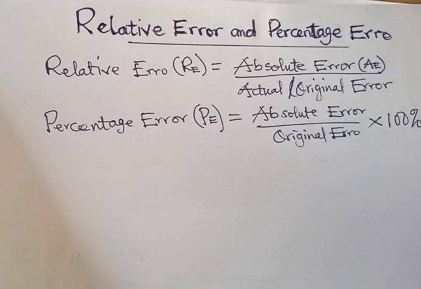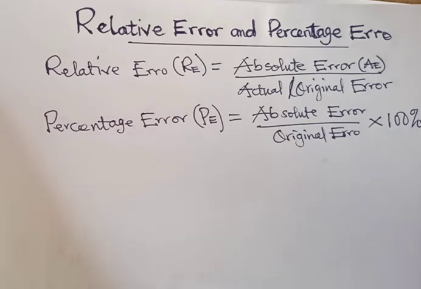Or at times too, the actual value is there, but you may be asked to approximate it. So when you approximate those values, you may not know the actual error that you committed. So we will ask you to find those errors.